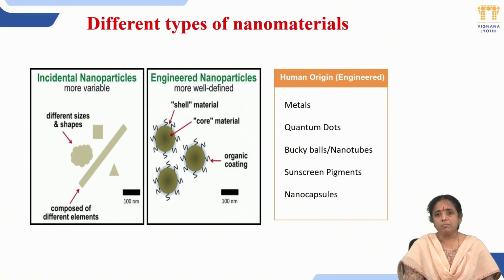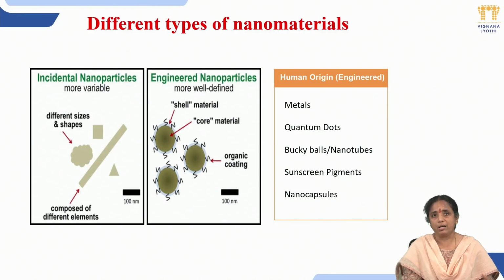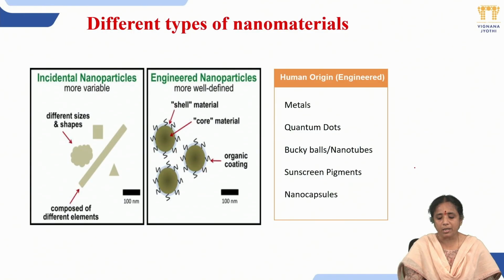So the third important one is engineered. I want to have a 1 nanometer wire, or I would like to use a 1 nanometer or 2 nanometer sheet in my product, or I would like to use 10 nanometer nanoparticles for the pigmentation of my skin. So these are all engineered nanoparticles, made for some kind of target.